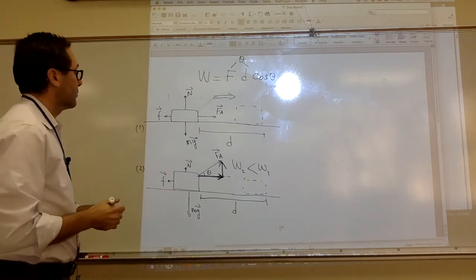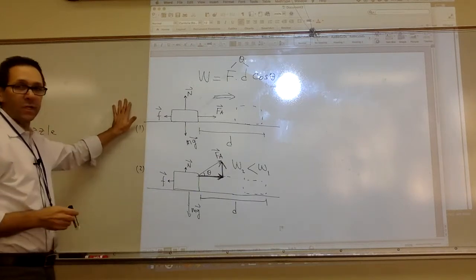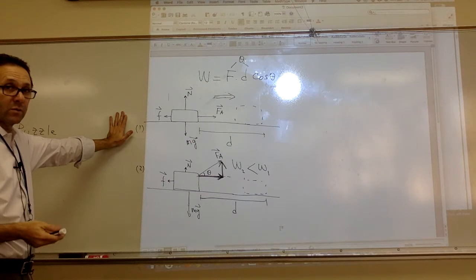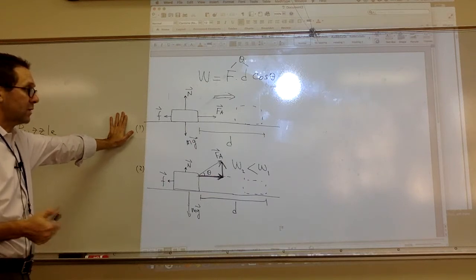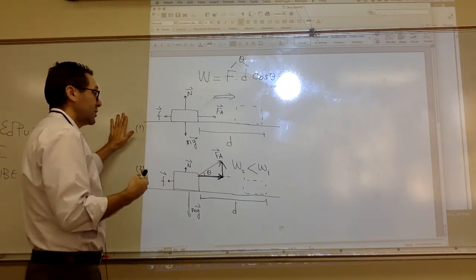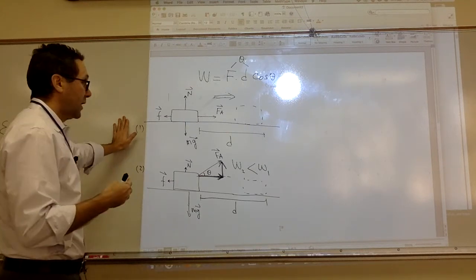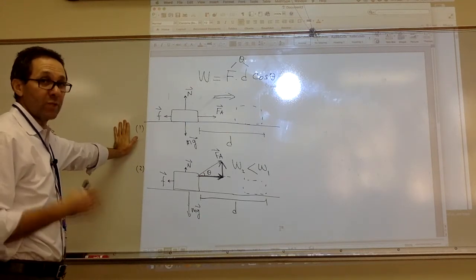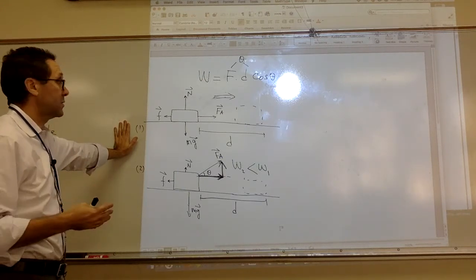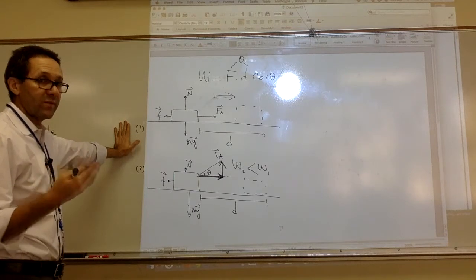Now, the beauty about working with work and energy is that we don't have to deal with vectors anymore, right? When we dealt with forces, we had to deal with vectors, breaking down the forces and stuff like that. You're going to see that in this unit. Everything we're going to work with, or pretty much almost everything, is going to be scalar, which makes things a lot easier to deal with than vectors, right?